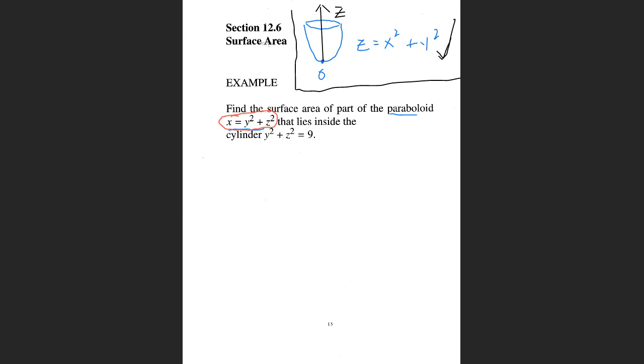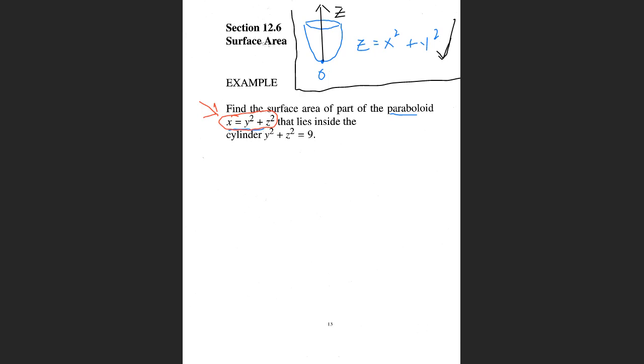Because this paraboloid here, x equals y squared plus z squared, the only difference is that it's a bowl that opens out in what direction? What direction does the x equals y squared plus z squared paraboloid open out in from the origin? It opens out in the positive x-axis direction.